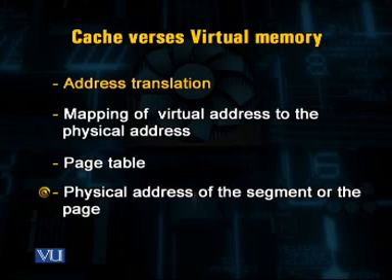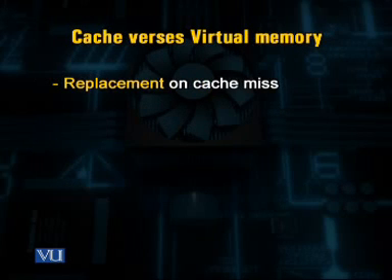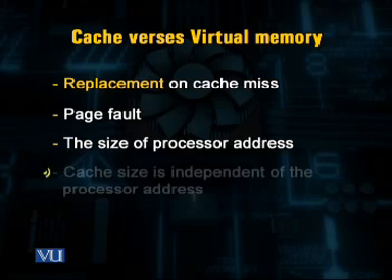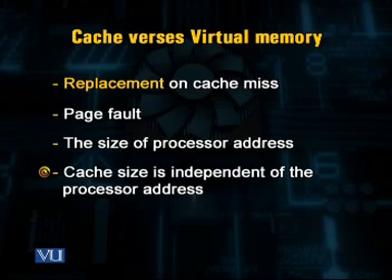The other differences between the caches and the virtual memory are: number one, replacement on the cache miss is controlled by hardware, whereas the page fault in case of virtual memory is controlled by the operating system. Second, the size of the processor address determines the size of virtual memory, whereas the cache size is independent of the processor address.